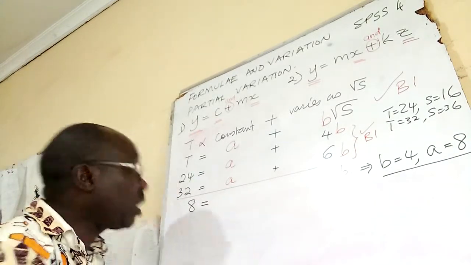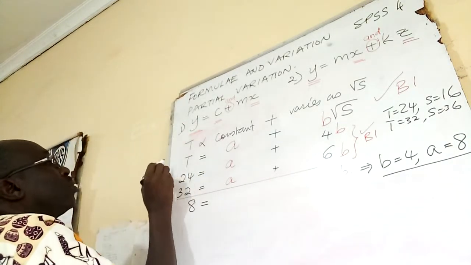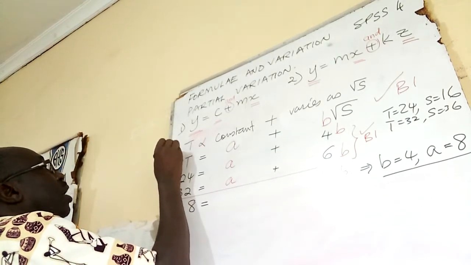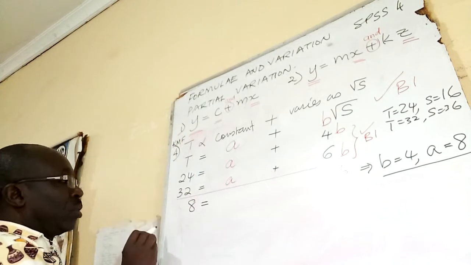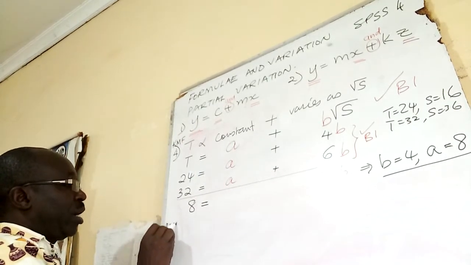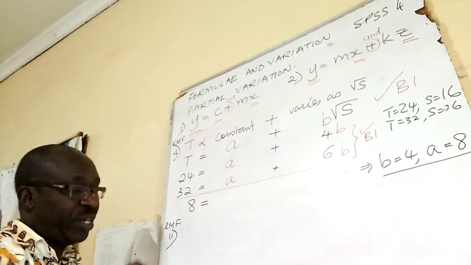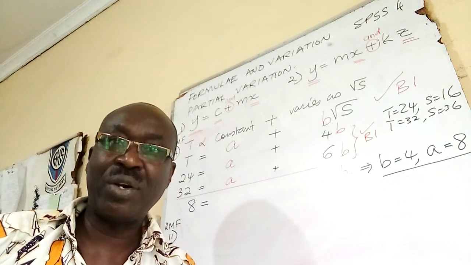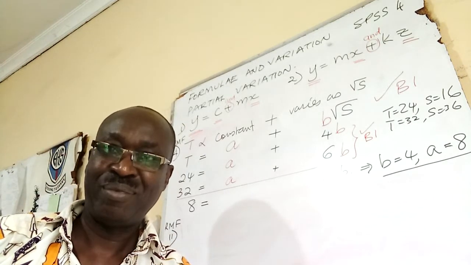This was example 4. Number 4, KMF. Then we try KMF number 11. Okay? We try also number 11. We see.